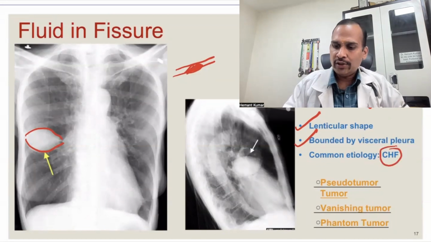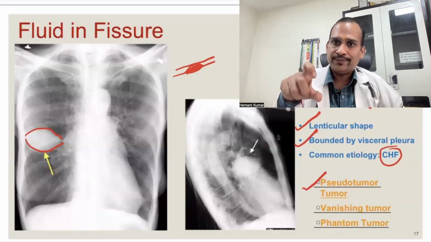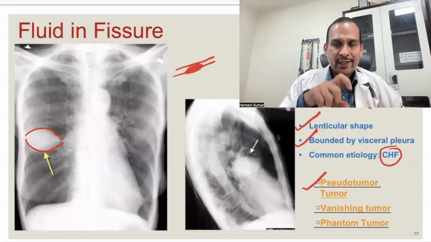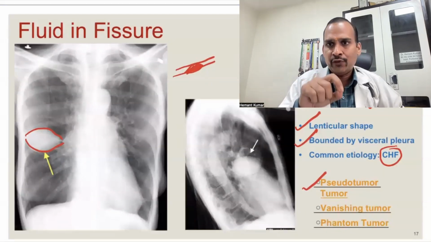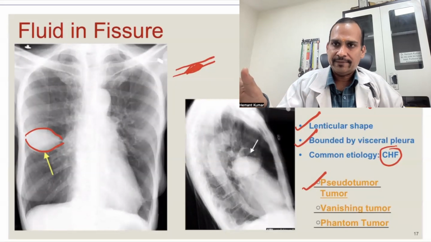It is also called pseudotumor. Why? Because it looks like a tumor or lung mass, but actually it is not. If you give diuretics or treat the etiology, it will subside completely.